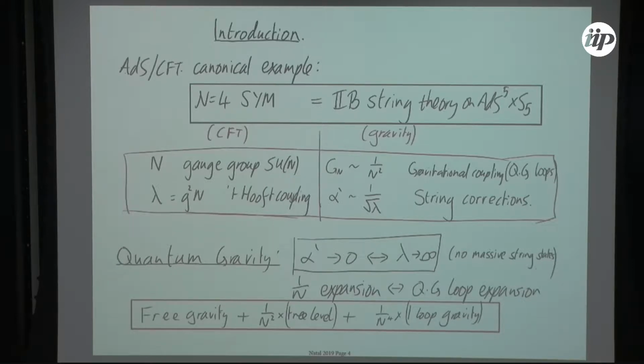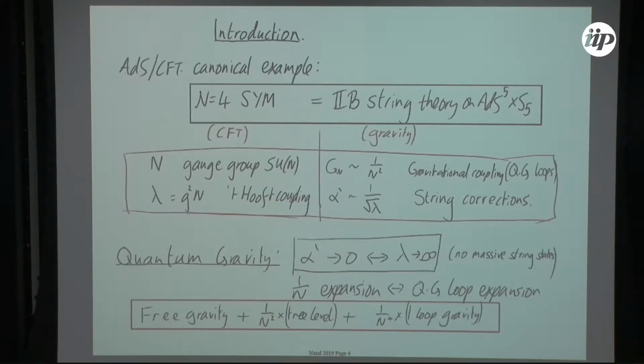We want to basically use data from here to induce 1/N^4, i.e. one loop gravity. So again, from the correlation function side, we're looking at the strong 't Hooft coupling limit expanding in 1/N^2, and we want to find the 1/N^4 term.